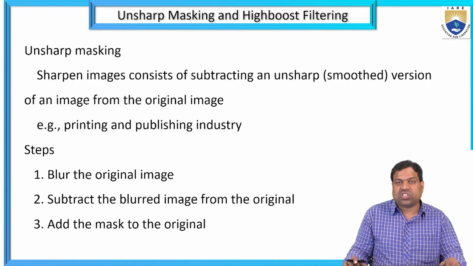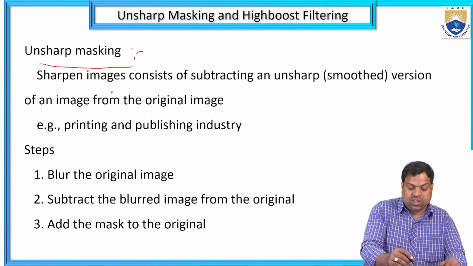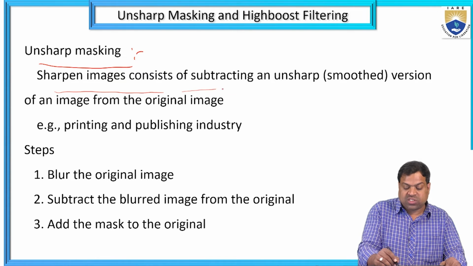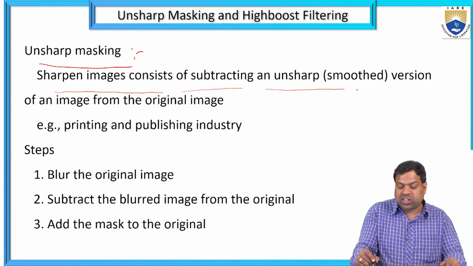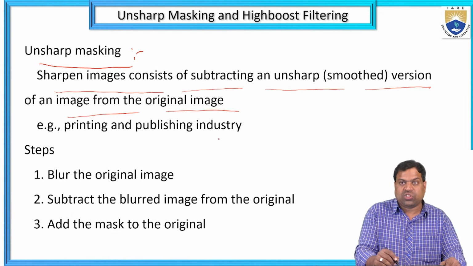So what is unsharp masking and what is high boost filtering? First, going to unsharp masking. Sharpening an image consists of subtracting an unsharp, that is a smoothened version of an image, from the original image.